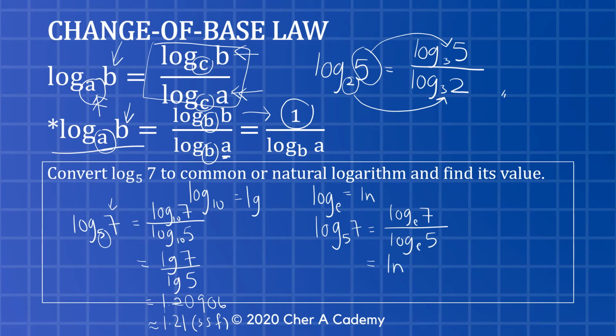Writing it in natural log form, I have ln 7 over ln 5. Now I'm keying into my calculator, ln 7 divided by ln 5, and I will get the same answer, 1.20906. Correcting it to 3 sig fig, I'll get 1.21. Magic.